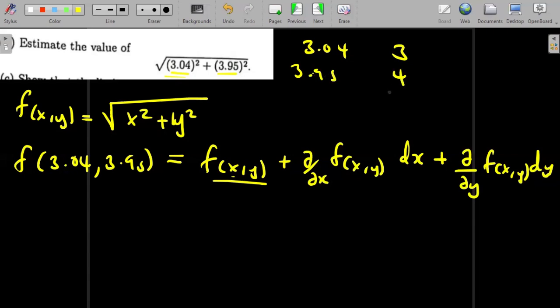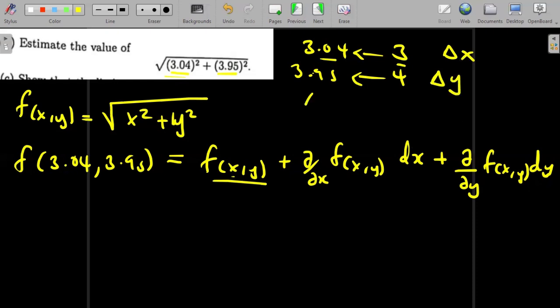So there is a change in your numbers: you are going from 3 to this one, and from 4 to that one. That's the change you're having. When subtracting, you subtract this one minus that one to find your change in x, and you also have to find your change in y.